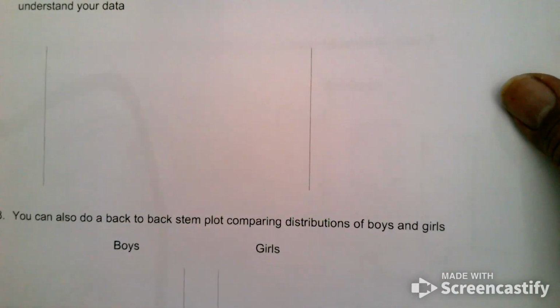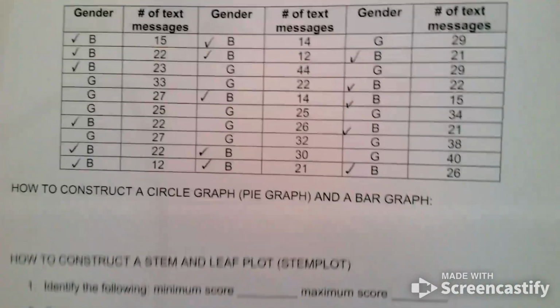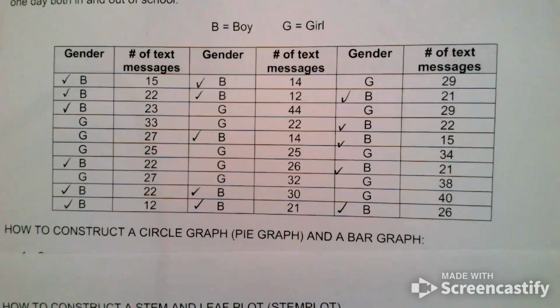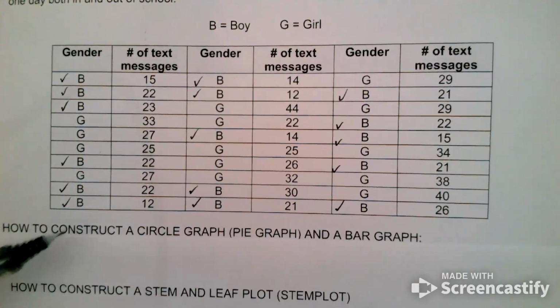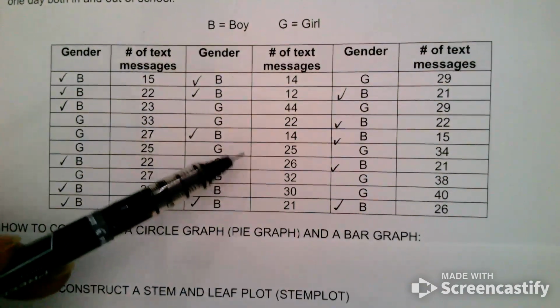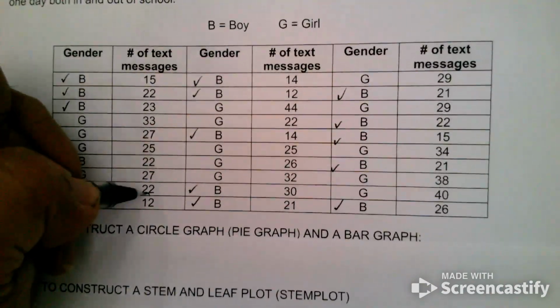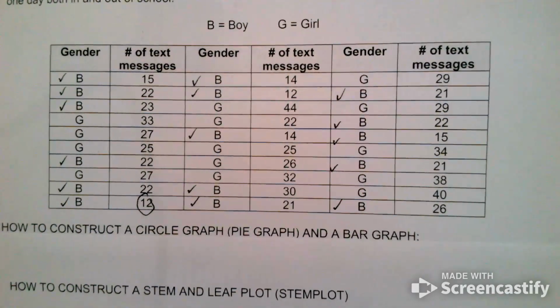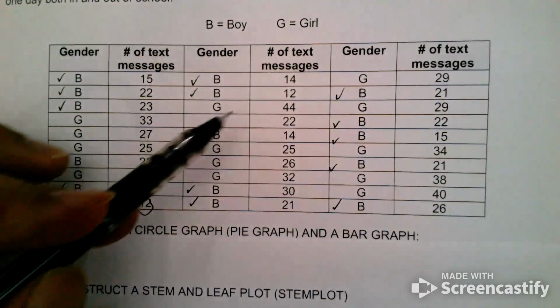The first step, we're going to identify the minimum score and the maximum score. This one would now be using the number of text messages. So the lowest score would be 12, right? I saw 12 here. No more lower than 12.